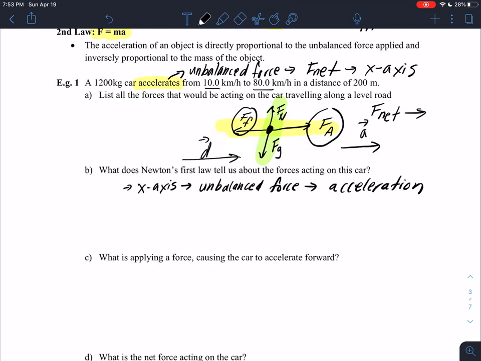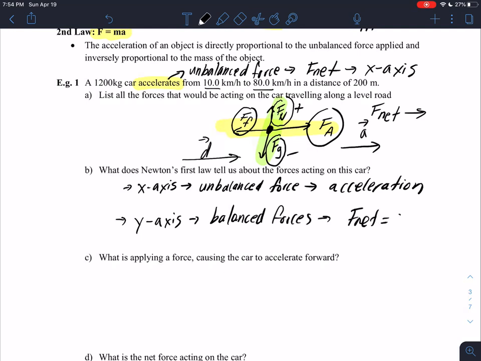And so relative to the y-axis, we can say that we actually have balanced forces. The magnitude of Fn, whatever it is, is going to be equal in magnitude to Fg. They're just going to be in opposite directions, so one's going to be positive, the other one negative. So in our y-axis, we have balanced forces.